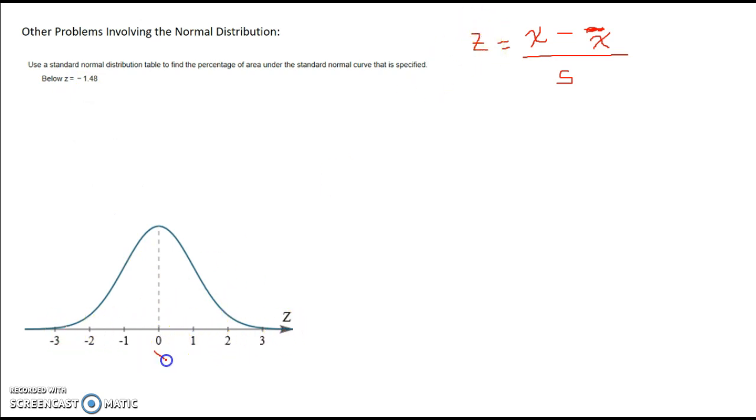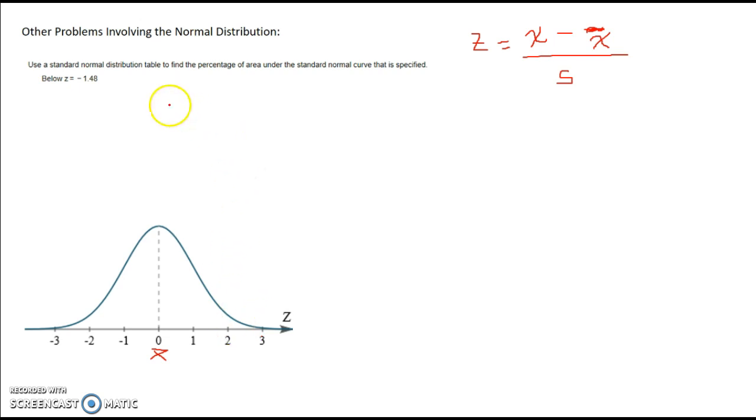Remember, the mean is always 0, and the standard deviation is 1. Between -1 and 1 is 68% of the data based on the empirical rule, between -2 and 2 is 95%, and between -3 and 3 is 99.7% of the data.